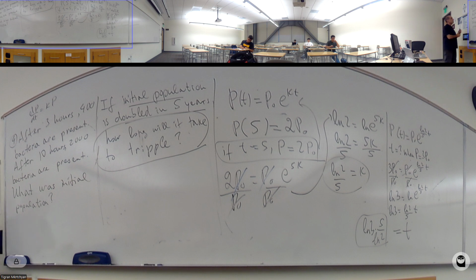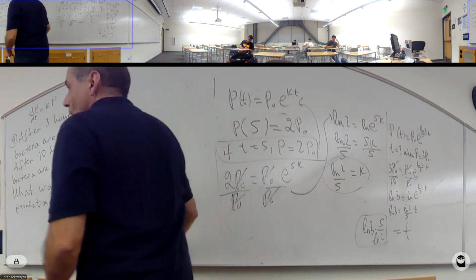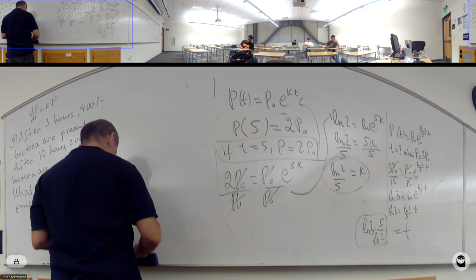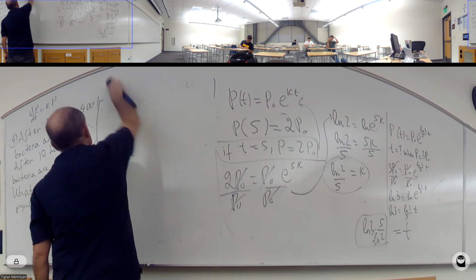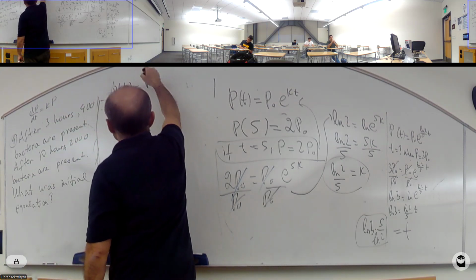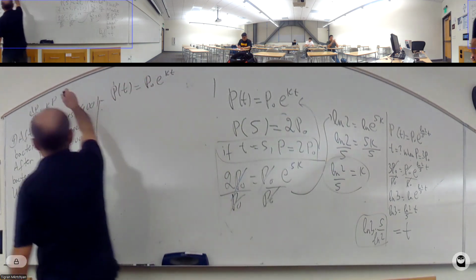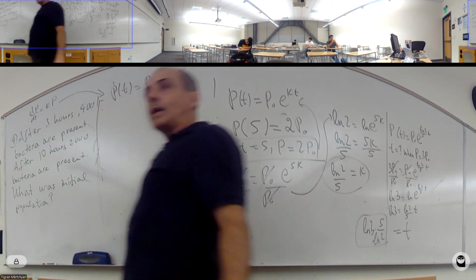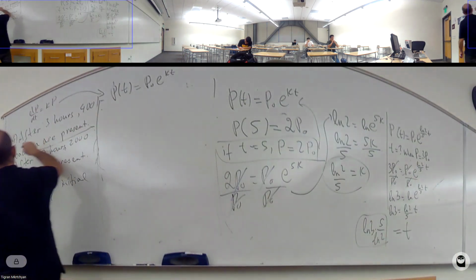Okay. So again, we have that formula, and we already solved that. We know the solution of that has to be this. Okay, then what? Let's see what we can do with this first sentence.